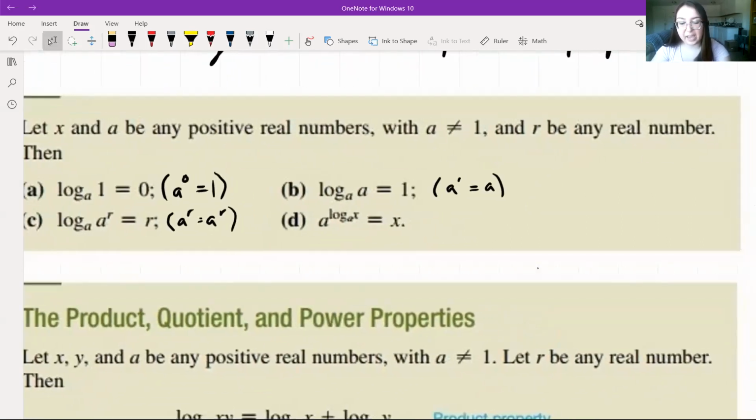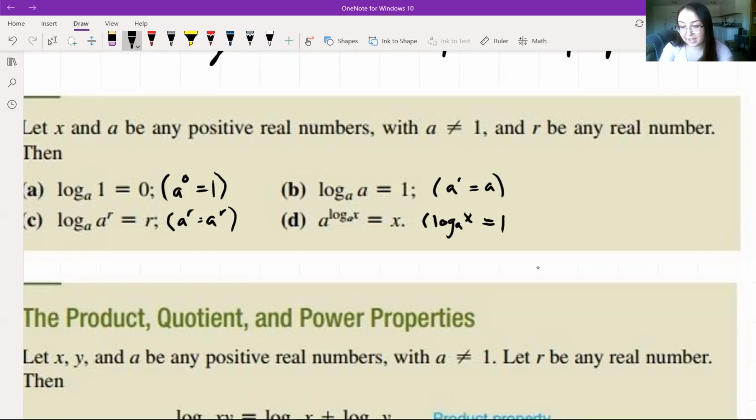Now we have a to the log base a of x is equal to x. So now this one's going to be a little bit more tricky. So we have y, which is log base a of x, since that was our exponent, is going to be equal to the log of our base of x.